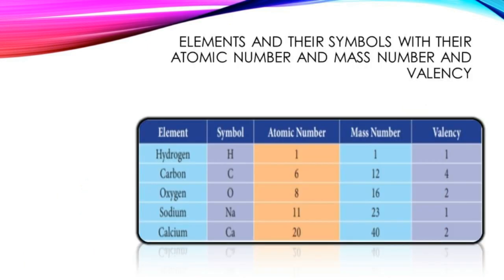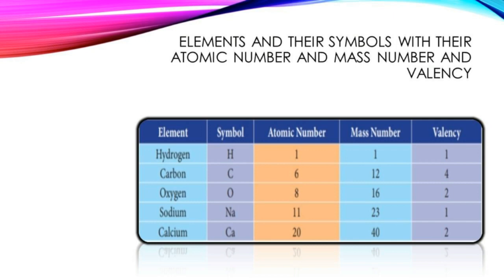Let's see some elements and their symbols with their atomic number, mass number and valency. The first element, hydrogen, the symbol is H, atomic number is 1, the mass number is 1 and the valency of hydrogen is also 1. Carbon, the symbol is C, atomic number is 6, mass number is 12 and the valency is 4.